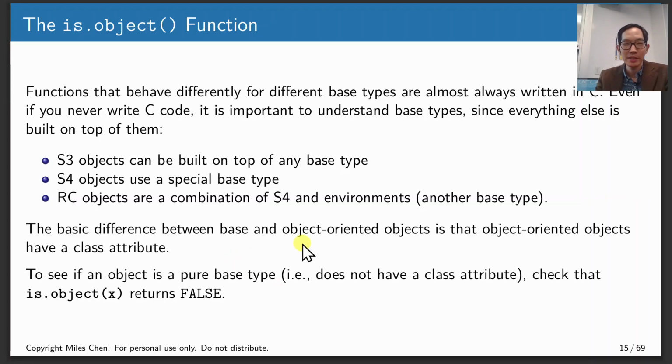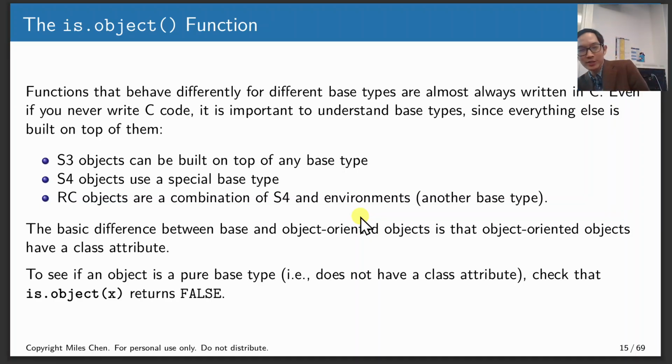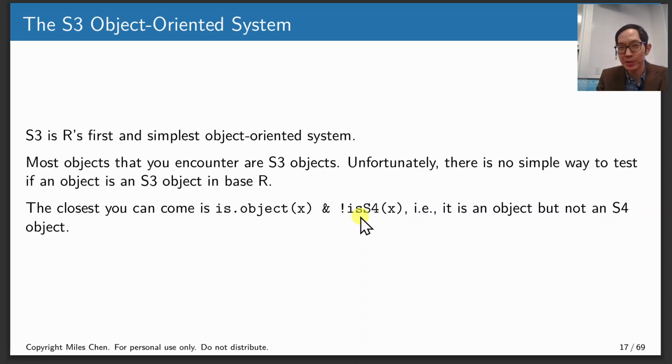All right, now I'm going to just skip over that. That's is.object, it lets you know if something's an object or not. Okay, let's get into the S3 object-oriented system. This is R's first and oldest and simplest object-oriented system. It uses generic function OOP, and I'll explain how all of that works.